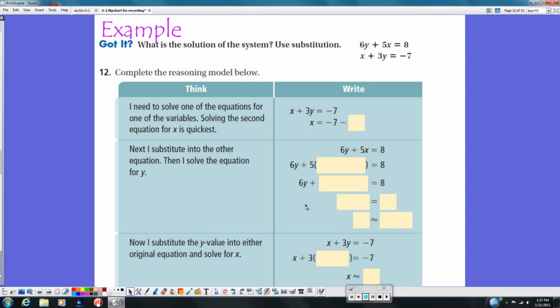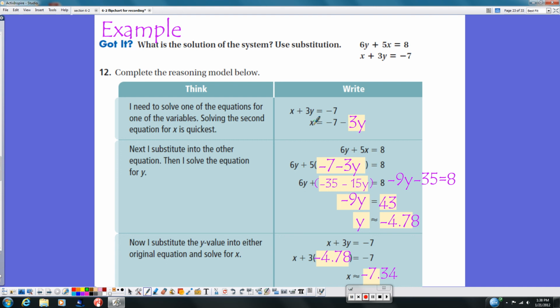In this one, we have 6x plus 5y equals 8, x plus 3y equals negative 7. Again, looking at the equations, the second one has this x that's already by itself. So therefore, we would go ahead and subtract 3y, so we end up with x equals negative 7 minus 3y.